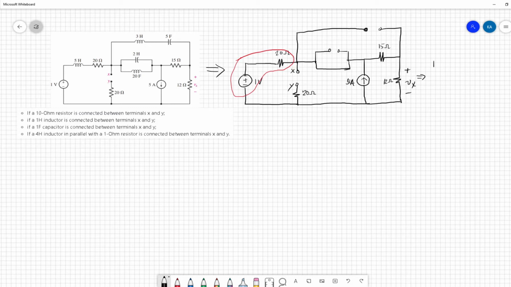our circuit becomes, we have a current source in parallel with a resistor. Then we have terminals X and Y in series with a resistor. And we have a current source, then 2 series resistors.